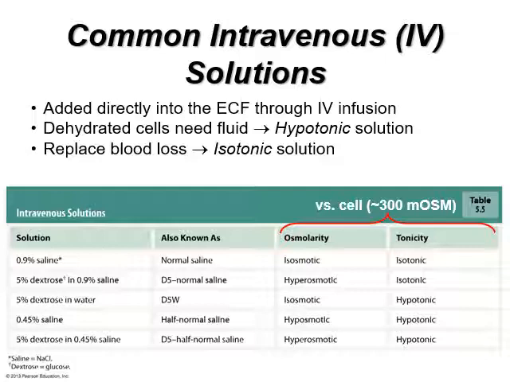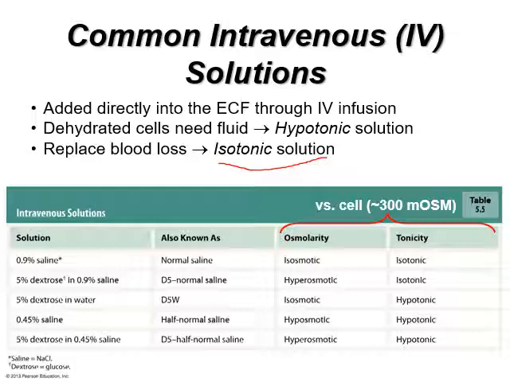And we can do several things. If we have dehydrated cells, we can use a hypotonic solution, because remember, hypotonic solutions are going to increase water into the cell. Or in cases of blood loss here, we can use isotonic, because we don't want to change the cell. We've lost blood. We just need to bring in fluid. We want an isotonic solution.